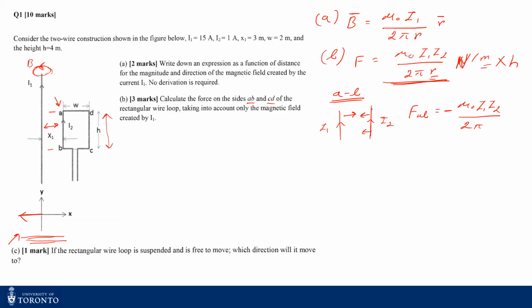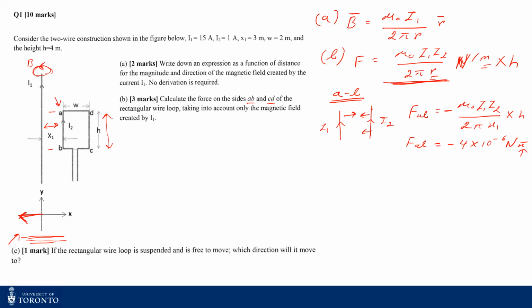If you plug in the values, you get that FAB is equal to minus 4 micronewtons, in the minus x-axis direction. Since it's a vectorial component, I put the x-axis direction.